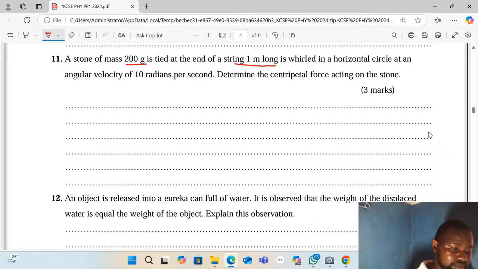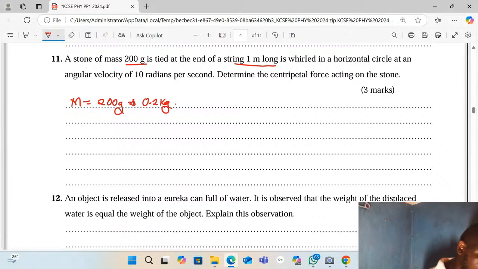And you are to determine the centripetal force. So, in this case, we can analyze the question. We have a mass of 200 grams, which is 0.2 kg. We have a radius of 1 meter. Then we have the angular velocity of 10 rad/s.